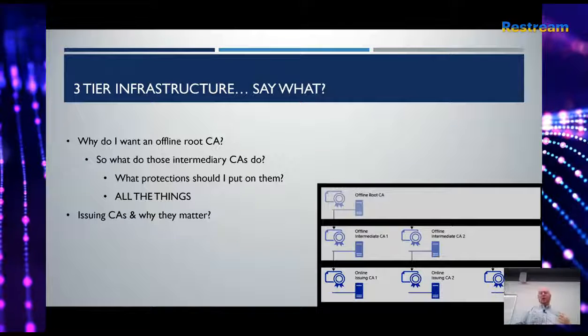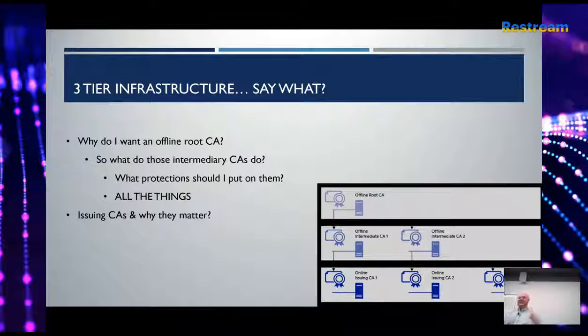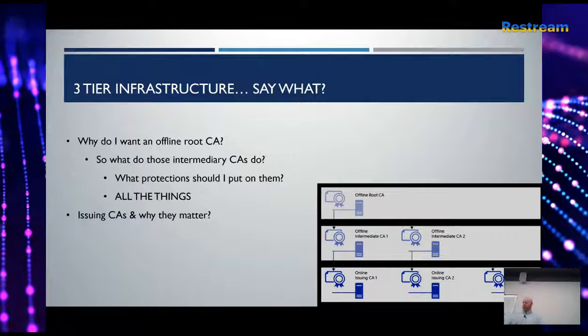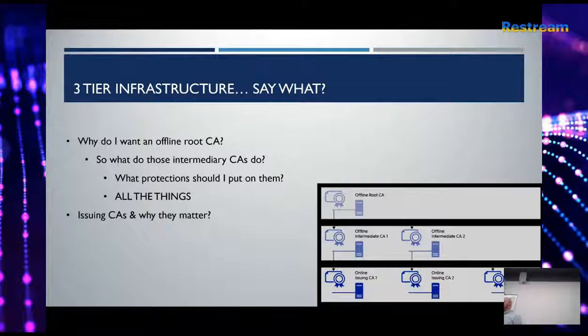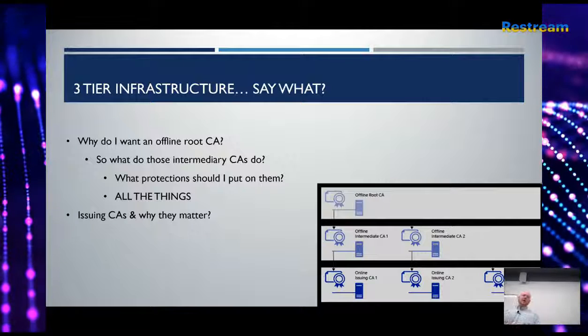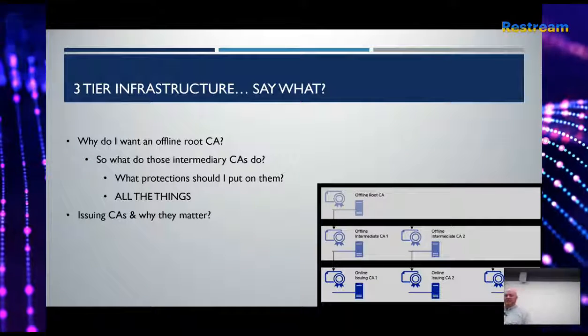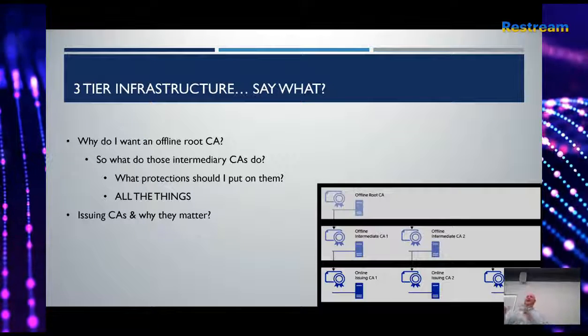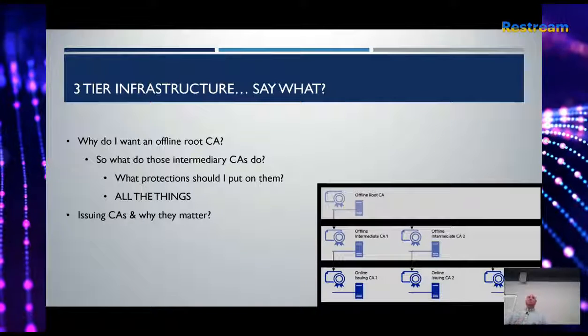The question is, so these intermediary CAs are important, but what protections should I put on them? Everything you can. You want them to have your EDR, you want them to have an IPS, IDS, at least monitoring the lines to and from it. And again, deployment location matters in this case. Intermediary CAs, you do not want to have just sitting on regular user space. There's no reason to, because again, what's communicating with them? Not users.